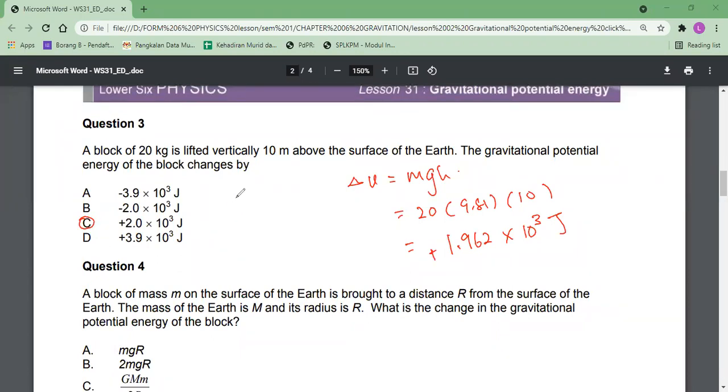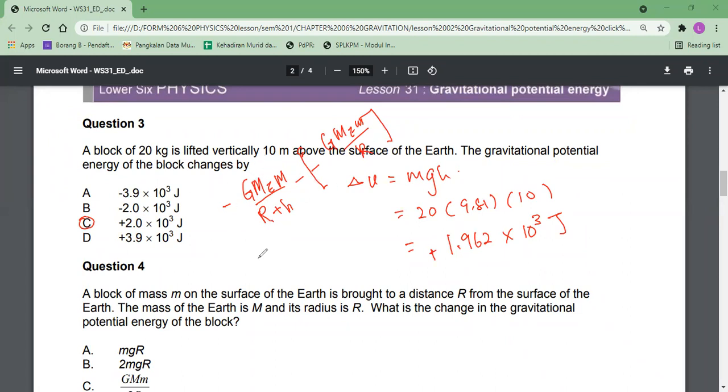Yesterday we learned that the final is negative GM_E m over (R plus h), minus the negative GM_E m over R. So this negative will become positive, because this is smaller and this is bigger; bigger means the value will be smaller.